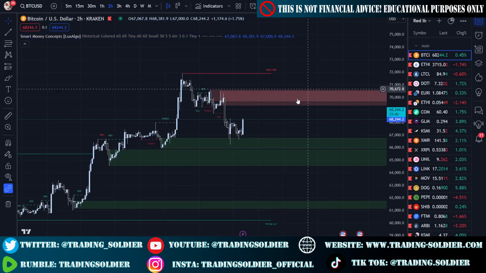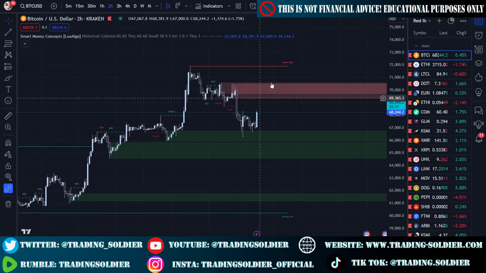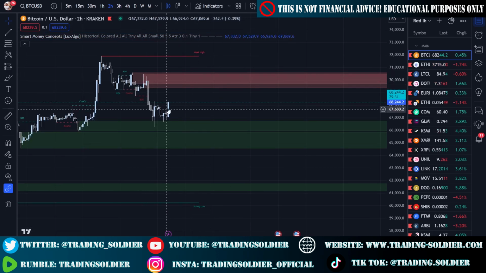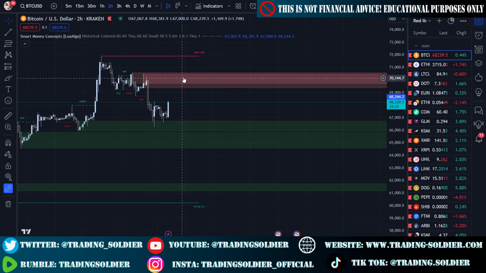So basically here what we find is that these red rectangles are the bearish order blocks. We can assume that when the price arrives to this area, to this rectangle that coincides with the last swing high, the price will find resistance.